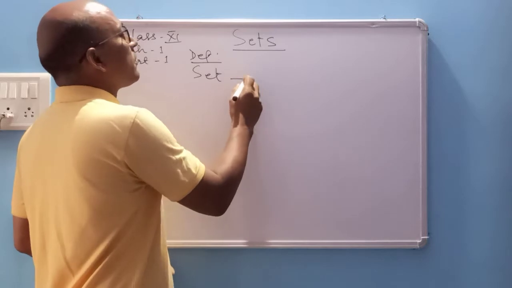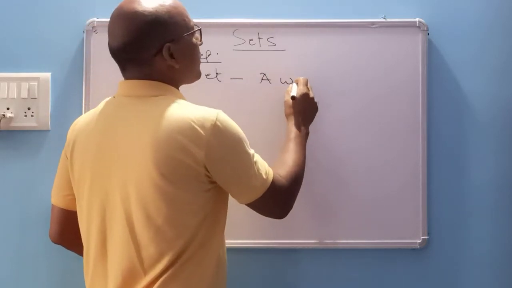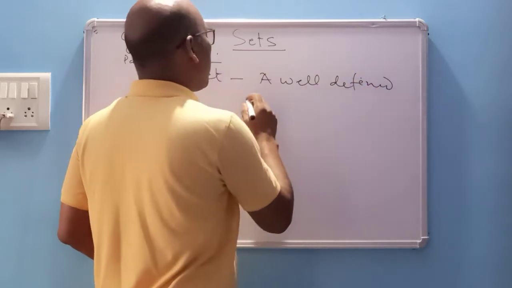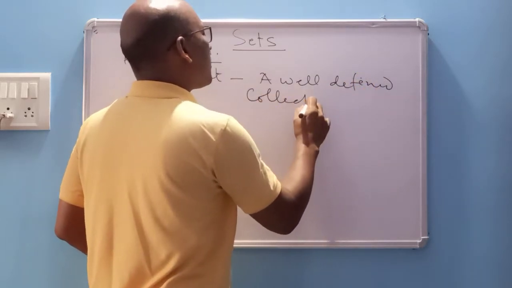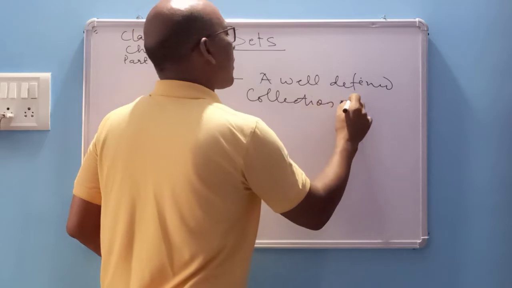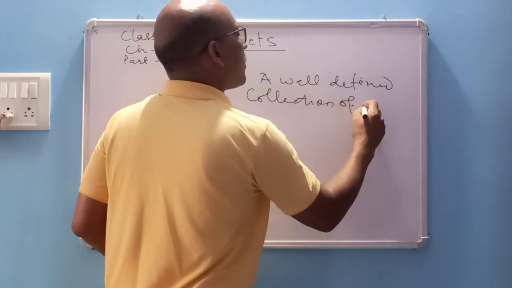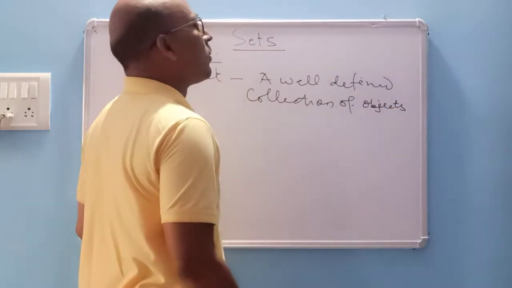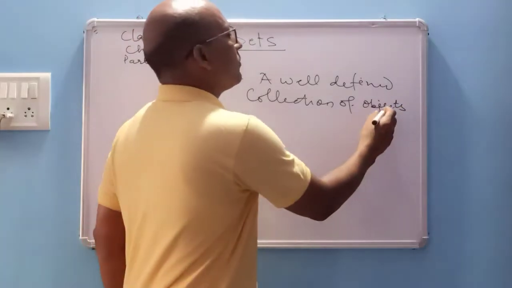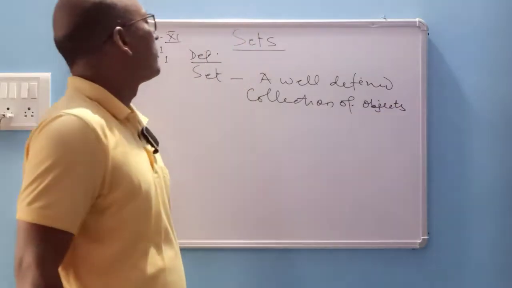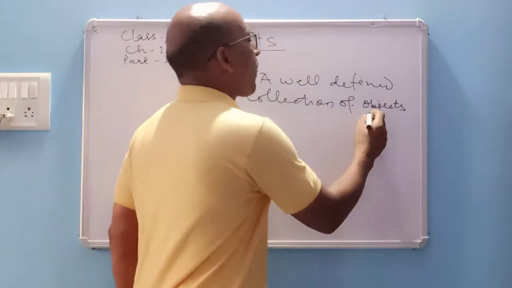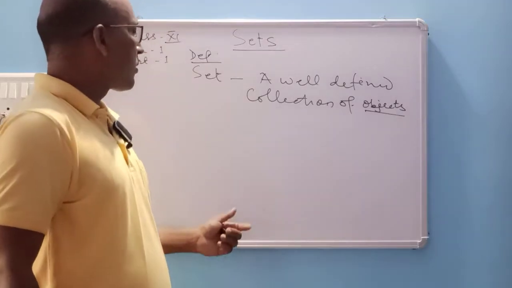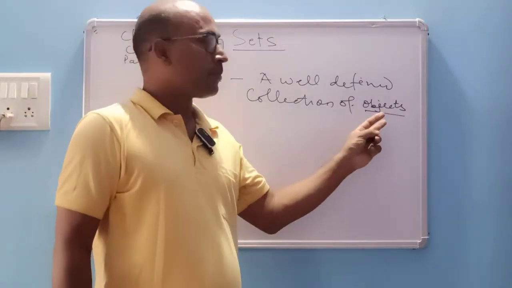Definition: a set is a well-defined collection of objects. Now, the objects of a set may be anything.